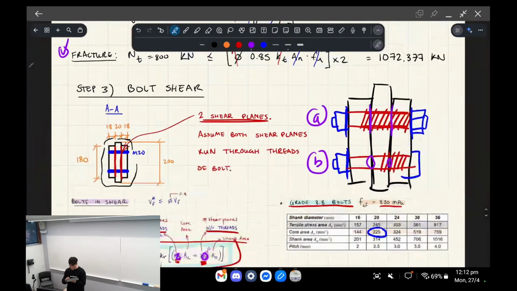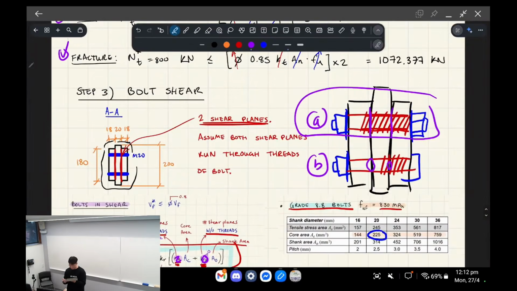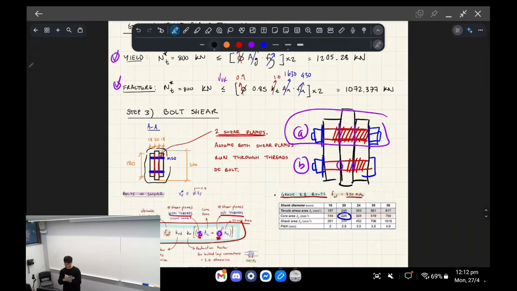So it's more conservative to take it as scenario A, where every single shear plane that your bolt runs through has the threads going through it, because you don't want to design something that is not robust. If the tradies buy a different bolt that has the entire thing as threads, and then your member fails because of that, that's on you. You want to take the more conservative approach when doing this.